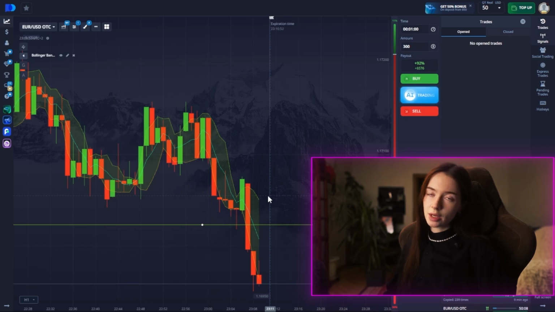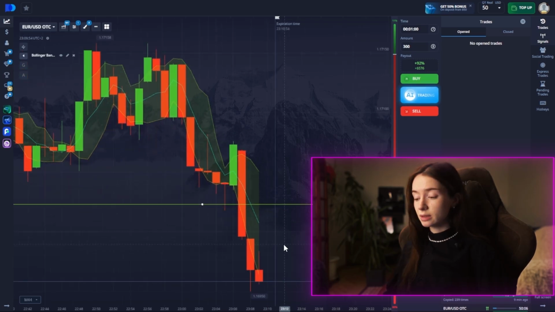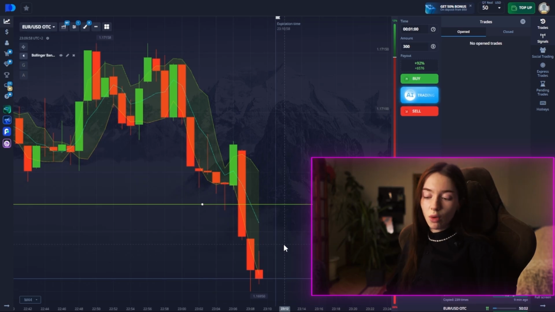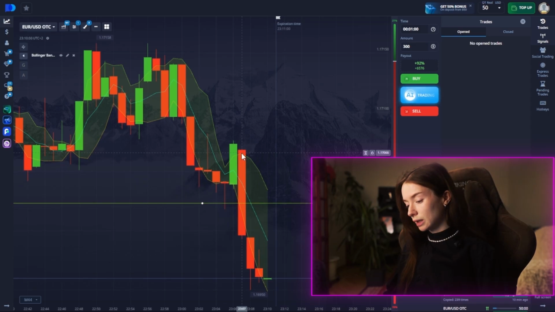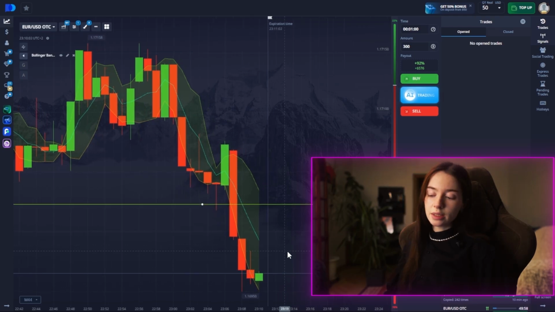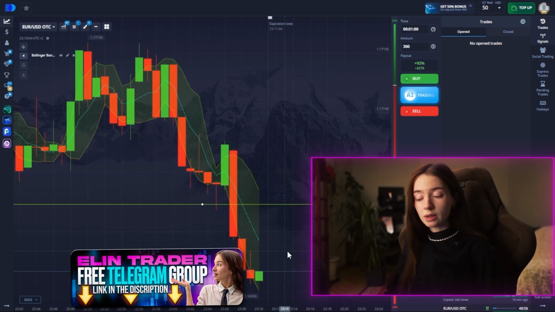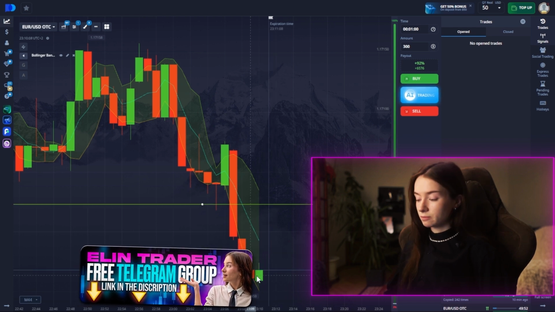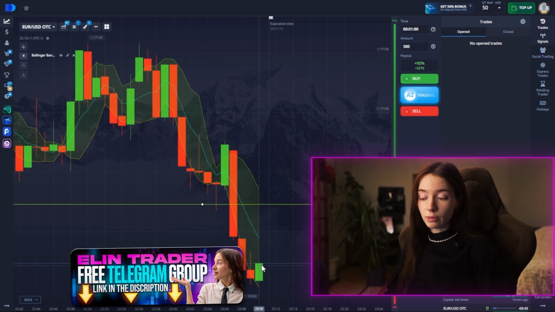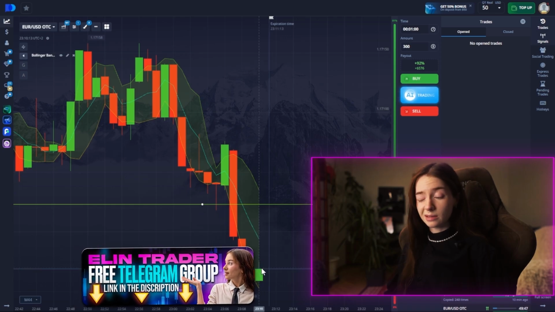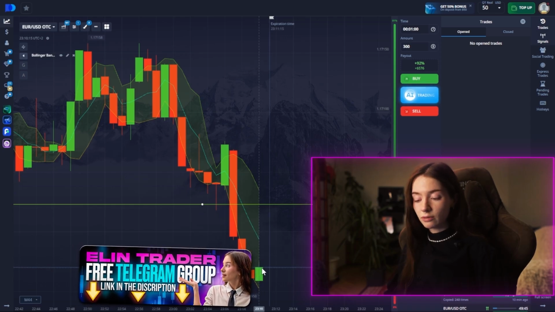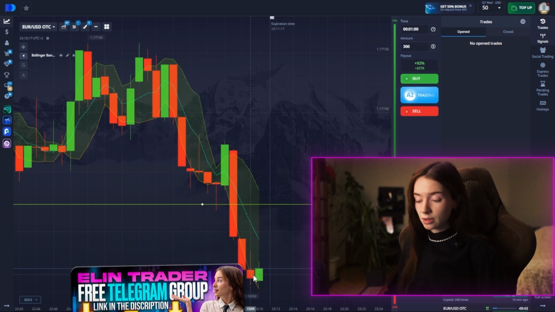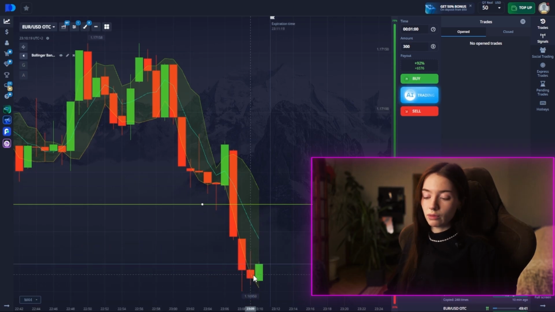When the price touches the upper band, the market is often overbought, and a pullback downward may occur, just like what happened here. When the price touches the lower band, the market is often oversold and a pullback upward may start. Right now, a reversal may begin, and this candle is signaling that it's still fighting with the level.